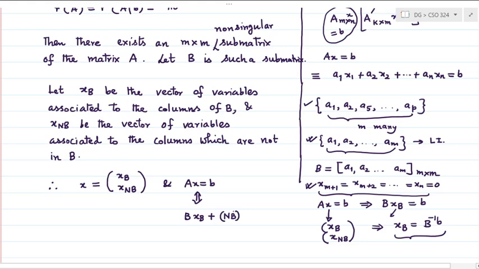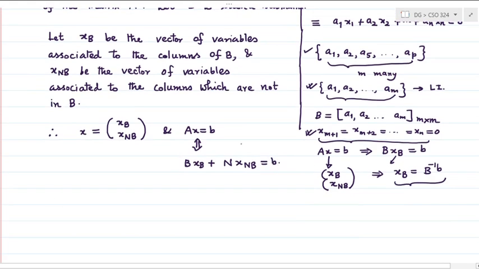Let me denote it by some other notation. Let me say N is the matrix consisting of the columns of A which are not in B. Fine. So B xB plus N xNB is equal to b.